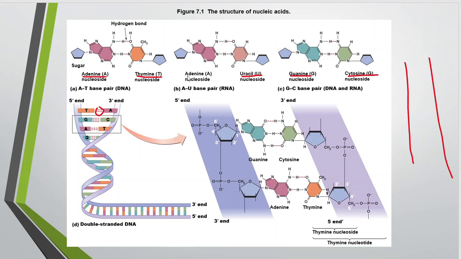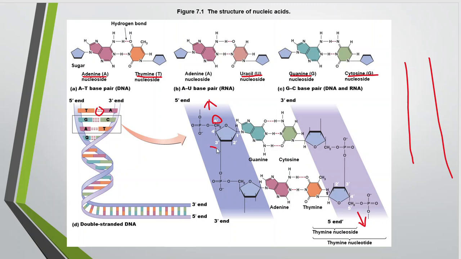Now, the 5' end is the end with the carbon number 5 facing this way. So on one strand, it's going to be facing this way. On the other strand, you can see down here, it's facing that way. Now, we also said that there's a number 3 carbon.